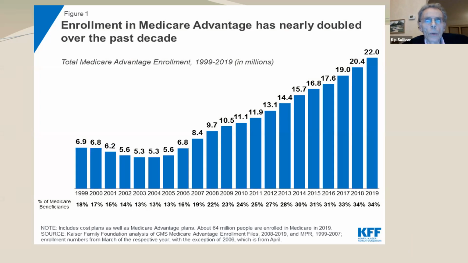Now, you would think that when CMS implemented the diagnostic risk adjuster in 2004, because they're clawing back some of the overpayment, that maybe HMO enrollment, Medicare Advantage enrollment would slow down. The reverse happened.